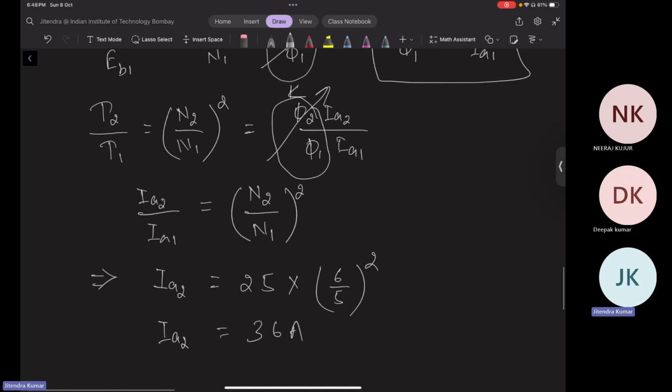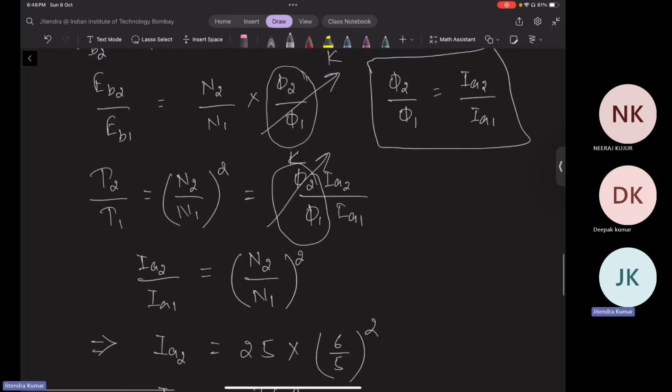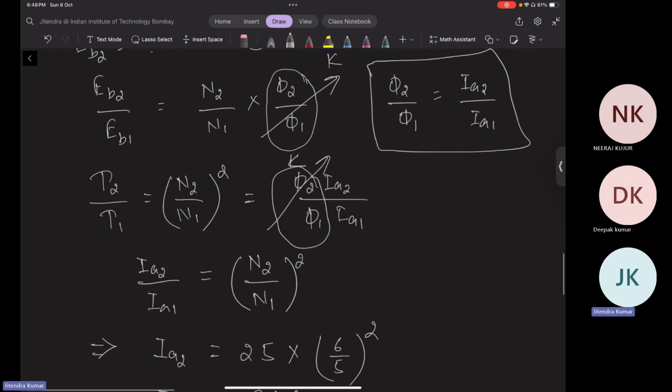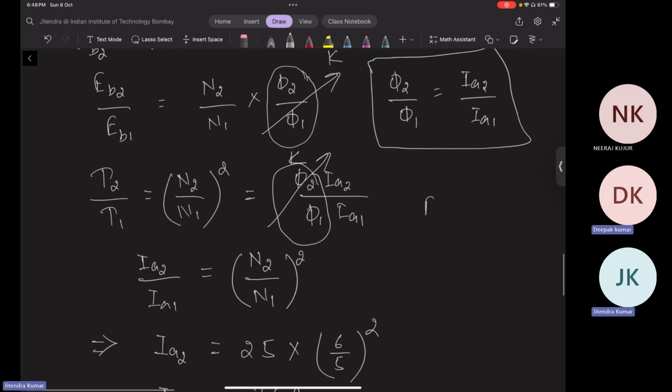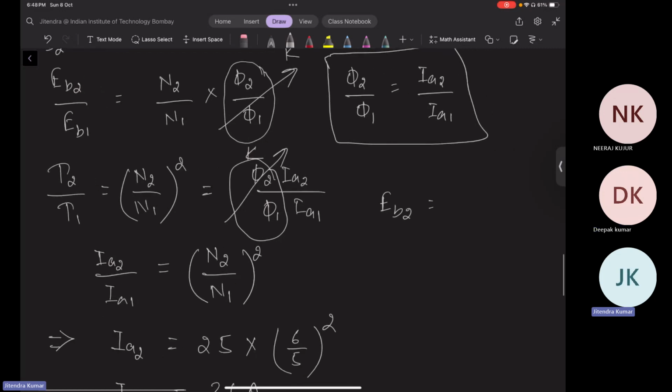So we got the IA2 value. Now, what will be the EB2 by EB1? That will again be straightforward. EB2 will be equal to EB1, that was 217.5, into 6 by 5.